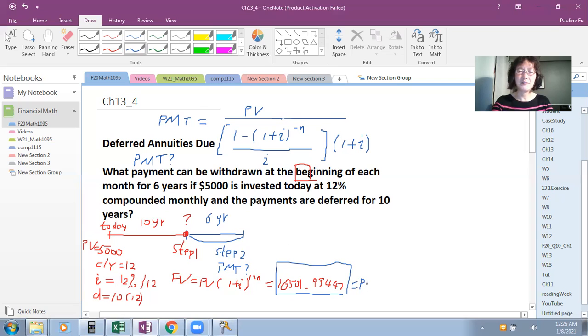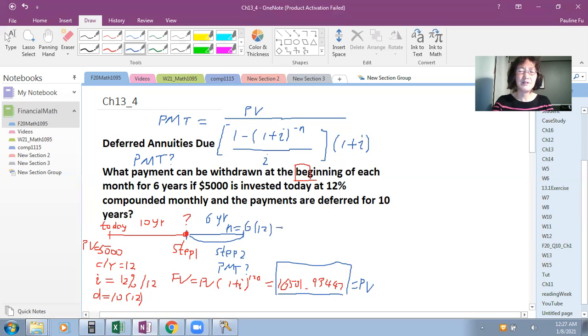Is PV for annuity. So plugging this number on the top numerator position. And I is the same I, 1% here. Plugging I 1%. Okay. And the term N, so 6 year, N equal to 6 times 12, because 1 year has 12 months.